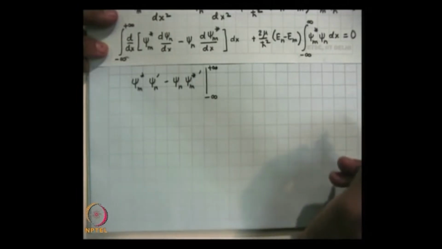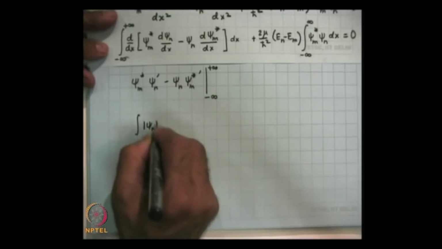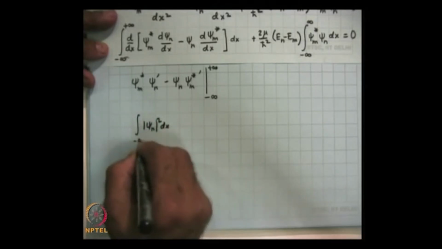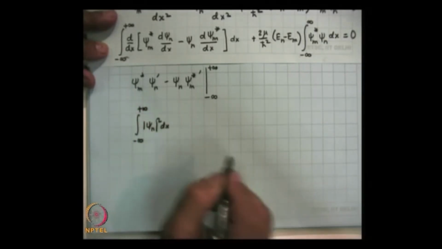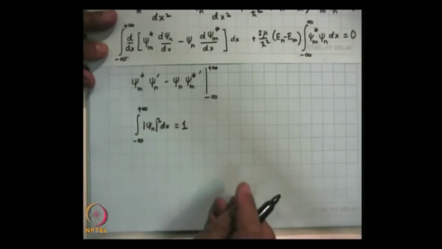Now, this is 0, because the wave function vanishes at infinity. For them to be square integrable and normalizable, they must vanish at infinity. By square integrable I mean that for any function psi n of x, the integral of mod psi n square dx from minus infinity to plus infinity must be finite, and I will choose a multiplicative constant so that this is equal to 1.